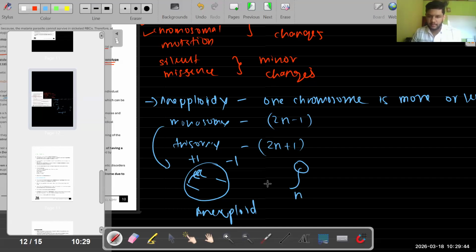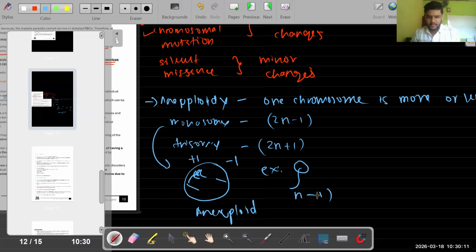So this gamete has one chromosome less than the normal haploid level. What is the relationship? N minus one, exactly.